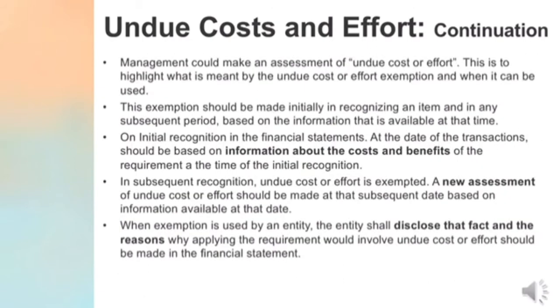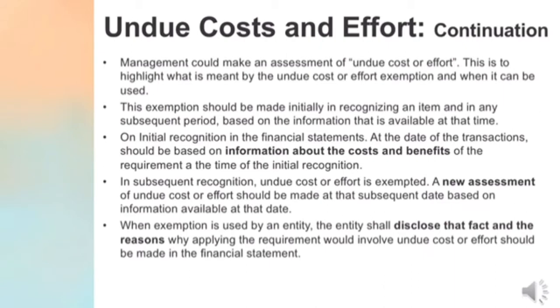Management could make an assessment of undue cost or effort. This is to highlight what is meant by the undue cost or effort exemption and when it can be used. This exemption should be made initially in recognizing an item and in any subsequent period, based on the information that is available at that time.